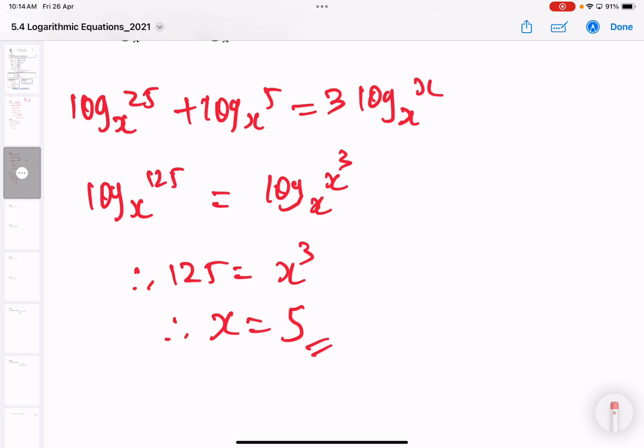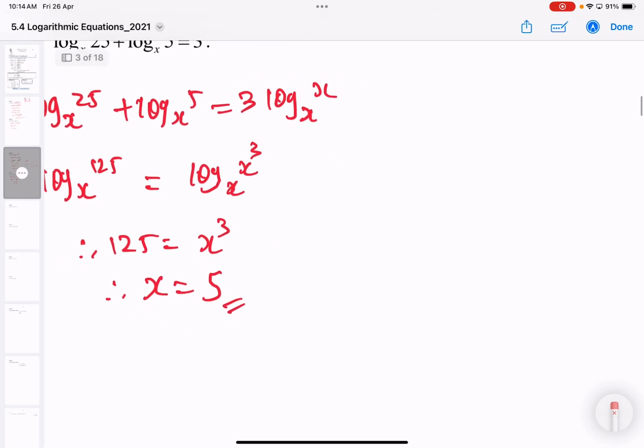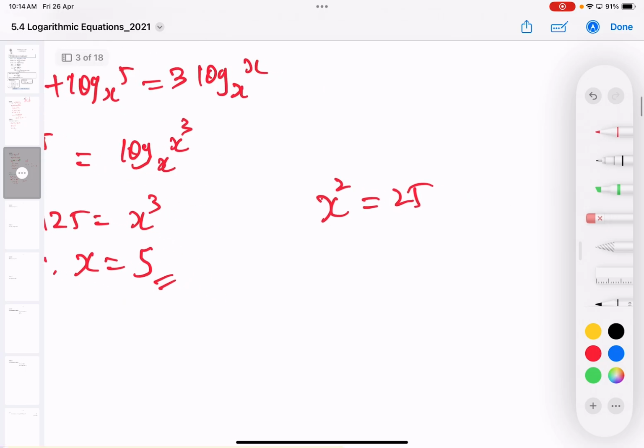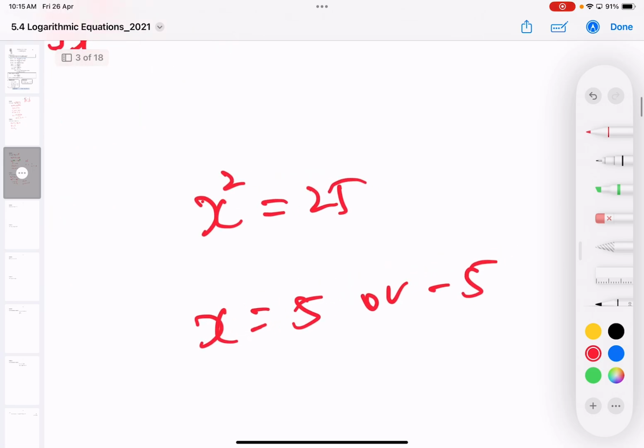So to address Fanny's question, for example, if x squared is equal to, let's say, 25, there are actually two possible values of x. In this case, x is 5 or minus 5. Why? Because when you substitute it, 5 squared gives you 25 and negative 5 squared also gives you 25.